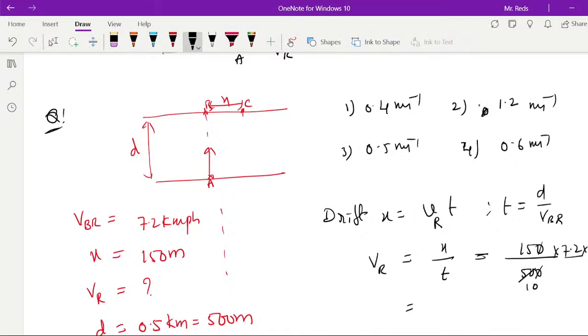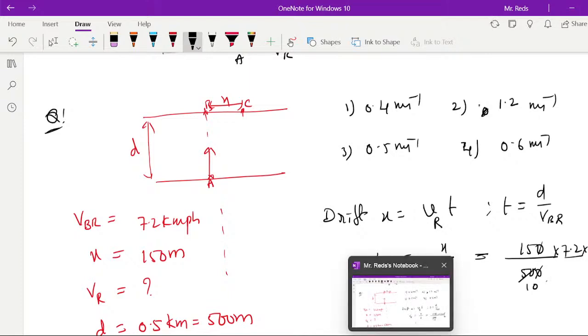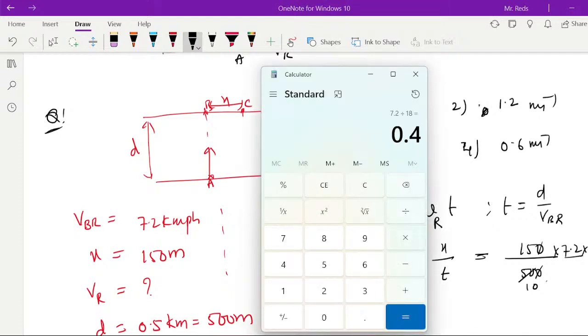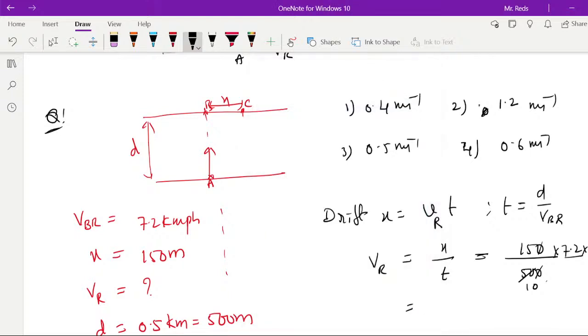You can write 15 into 72 by 100 into 18 and simplify further. 72 by 18 is 4, so 4 into 15 is equal to 6 by 10, that is 0.6. Is there any such option? Fourth option. Yes, right. So fourth option, 0.6. It will be 0.6 meter per second.